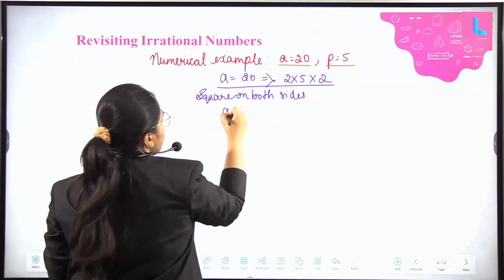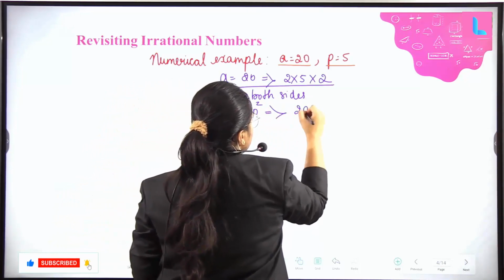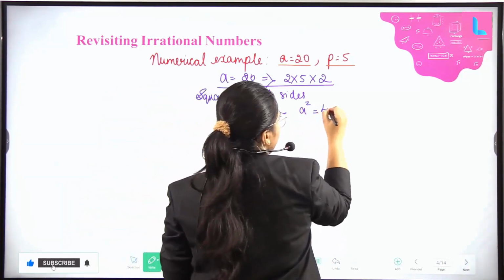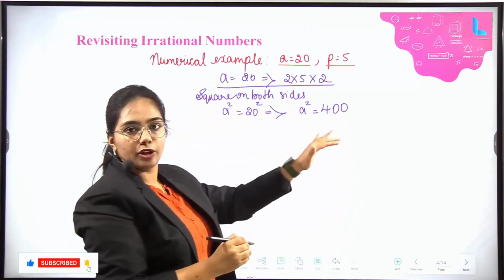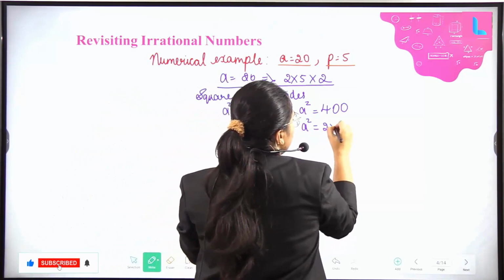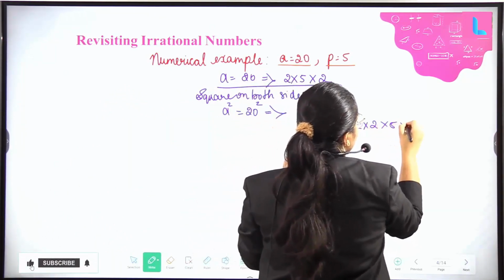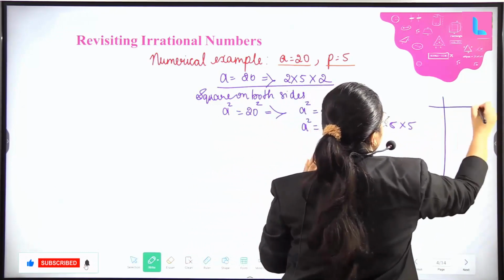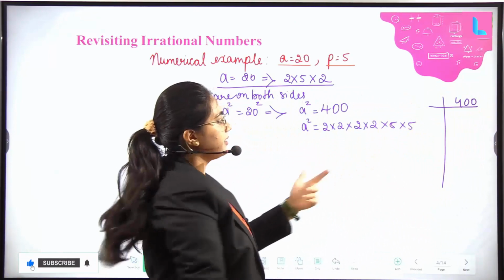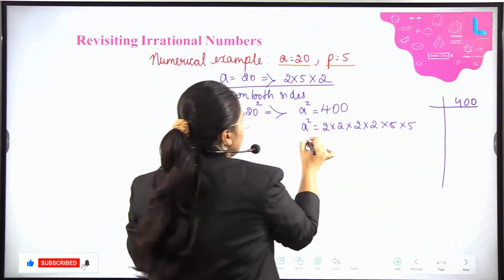We'll be getting A square is equal to 20 square, that is A square is equal to 400. Right, this is what you'll be getting. How can we represent this 400? 2 into 2 into 2 into 2 into 5 into 5. Use the factorization method, and these are the prime factors you'll be getting.